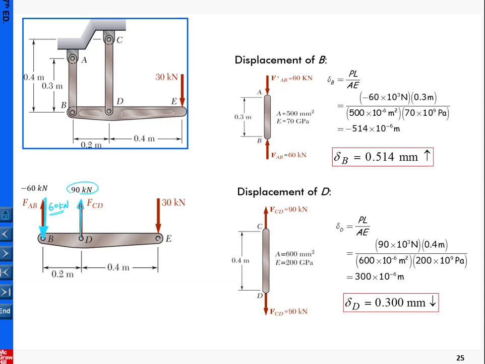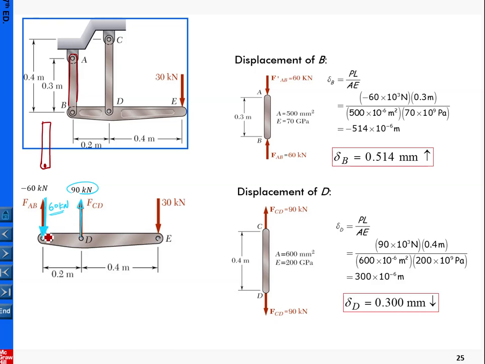So from here, these are the free body diagrams, and now we take the free body diagram of this member. Let me draw that free body diagram here. Here is pin B. Here is the action reaction.